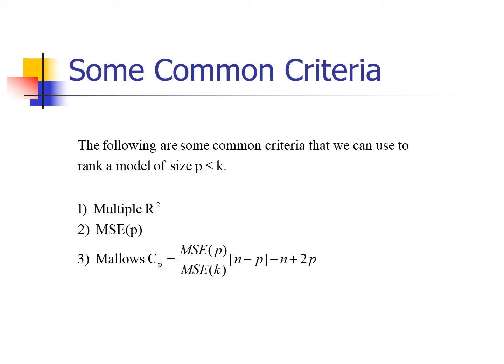The way that this Mallows CP works is essentially you look at the MSE of a 1-variable model, a 2-variable model, a 3-variable model, a 4-variable model. As you're moving from 1 variable to 2 to 3 to 4, we're building more thorough models with more variables, hence more information.